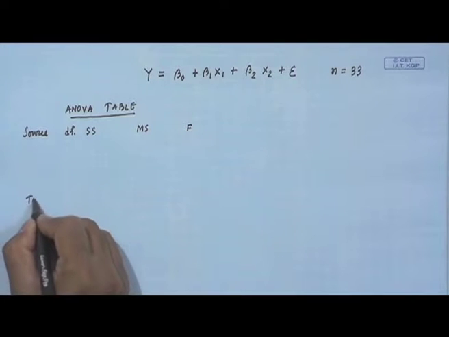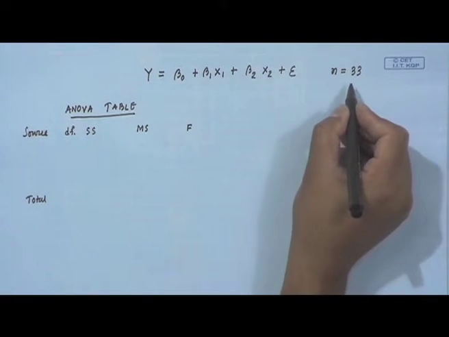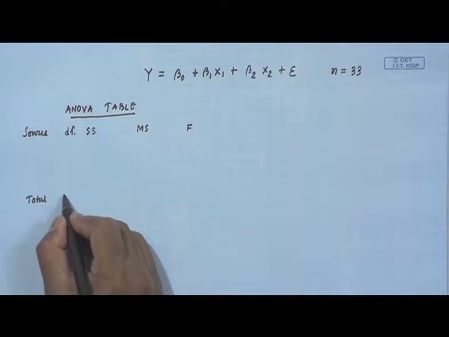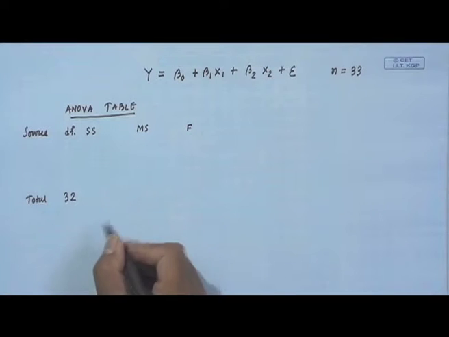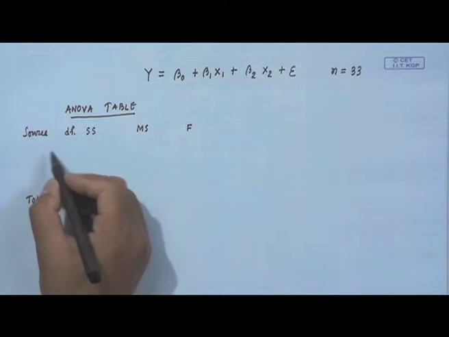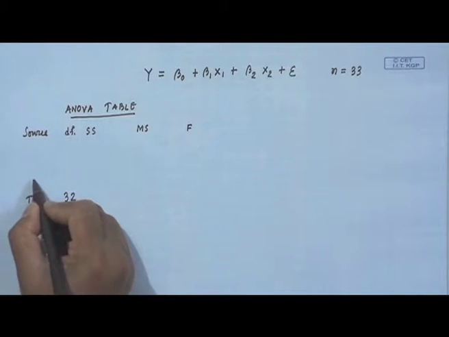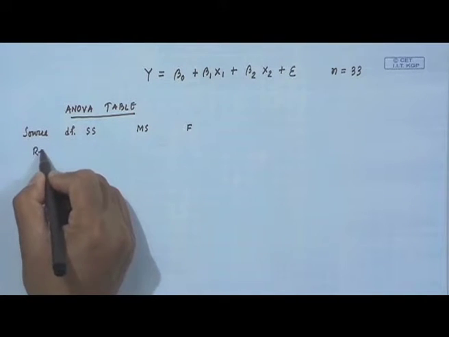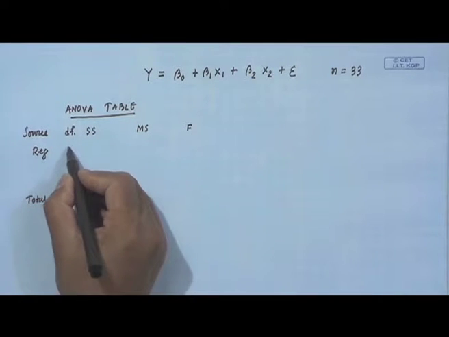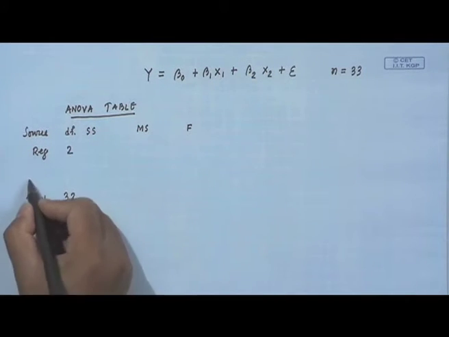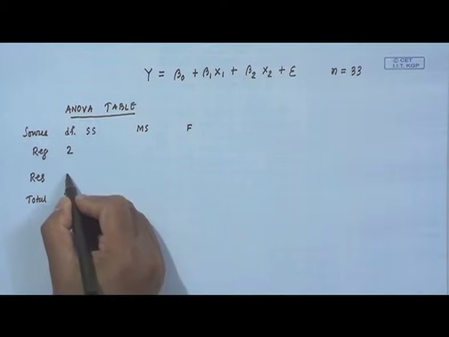So, the total degree of freedom is 32, because there are only 33 observations, and then the regression degree of freedom is 2, because there are 3 parameters, and the residual degree of freedom is 30.